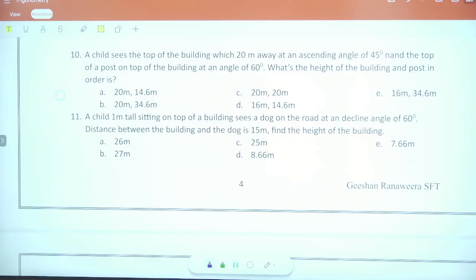Nice. Divide by 20, okay. So that is root 3. Cross multiply it: 20 root 3 equals 20 plus y. Nice, fine. So you have to simplify the root 3, otherwise you can't take root 3 as 1.7 and multiply and deduct the value, you get the y. Easy.